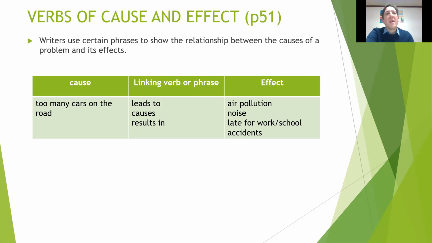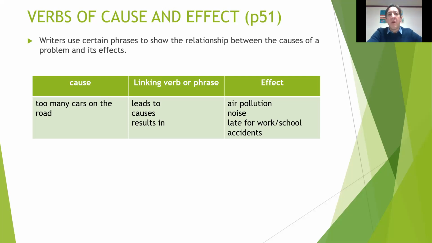Cause, too many cars on the road. Now we need some linking verbs or phrases to get to the effect. We've got the cause and the effect, but we need to link them. So look at the linking verbs or phrases. We can say things like leads to, causes, results in. So just make some sentences.